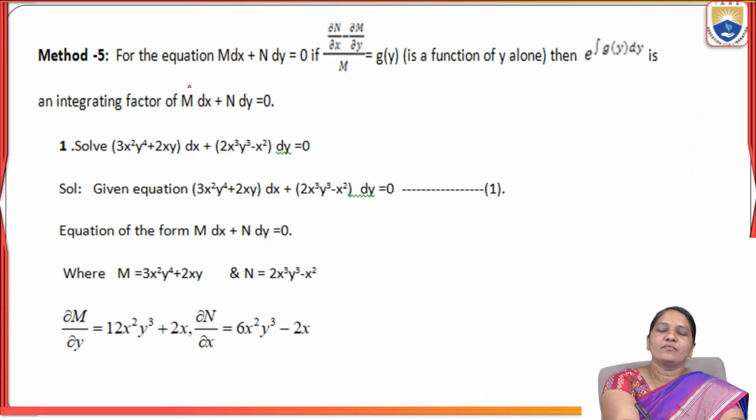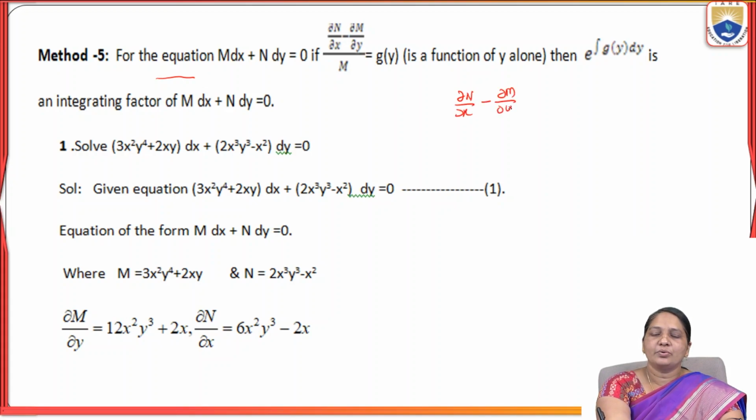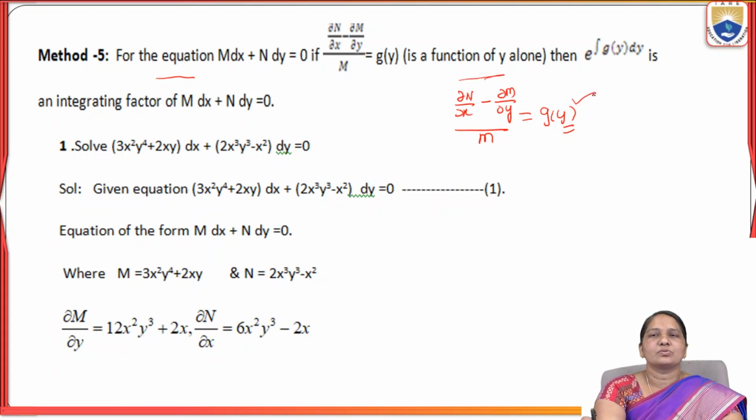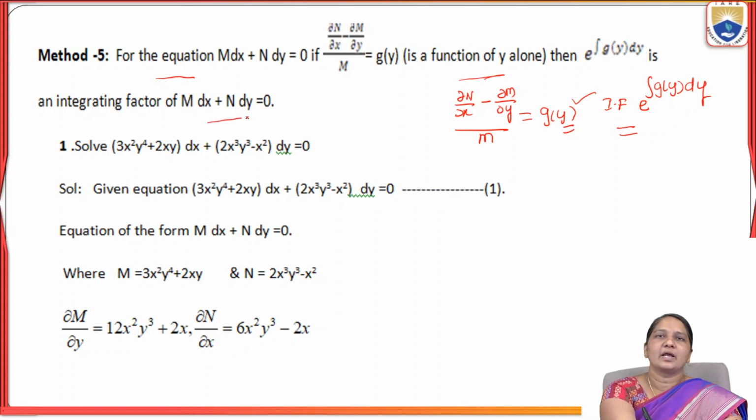For the equation M dx plus N dy equal to 0, if (dou N by dou x minus dou M by dou y) by M is equal to g of y, a continuous single variable function of y alone, meaning only y terms, then the integrating factor is e power integral g of y dy.